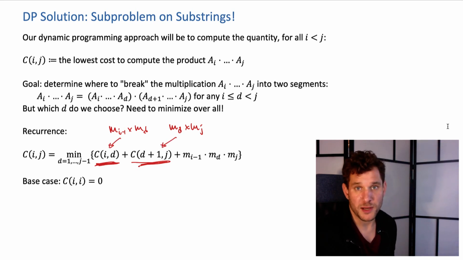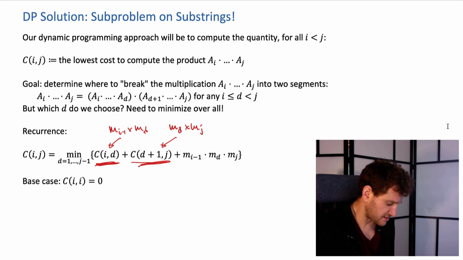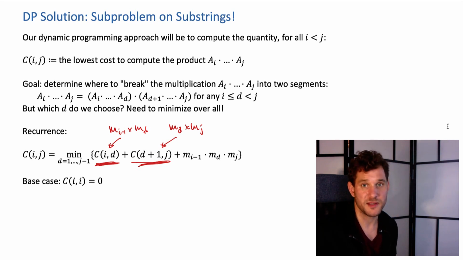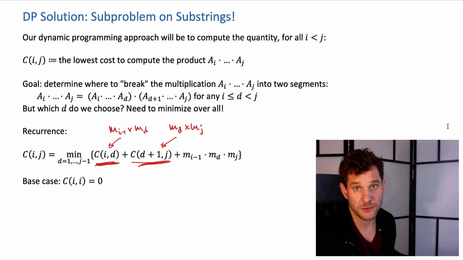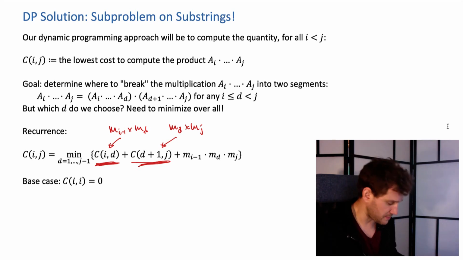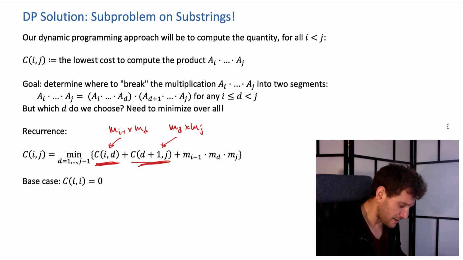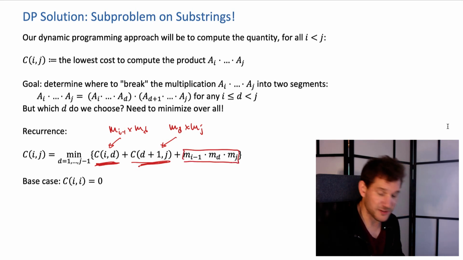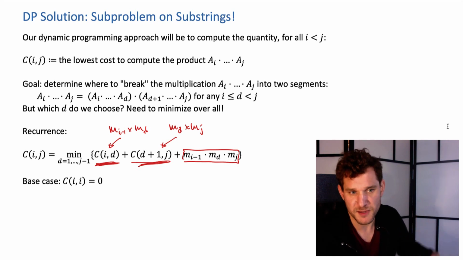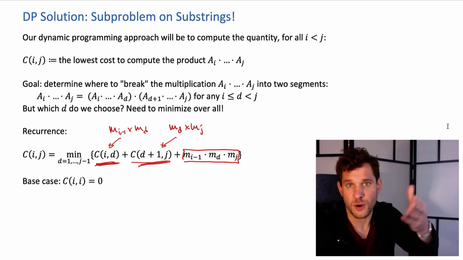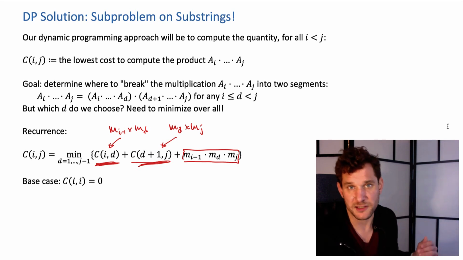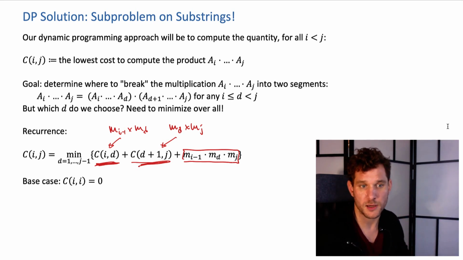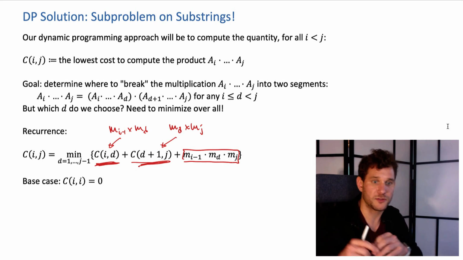Now when I want to multiply 2 matrices that have size m sub i minus 1 times m sub d and m sub d times m sub j, what's the cost of that matrix multiplication? Well, this is the cost: m sub i minus 1 times m sub d times m sub j. I guess I didn't specify exactly why that's the case, but if you think about the naive matrix multiplication algorithm, you're going to get that expression as the running time for computing the resulting matrix, right?